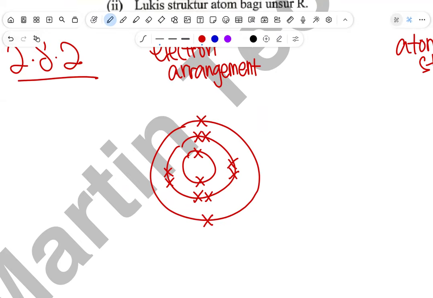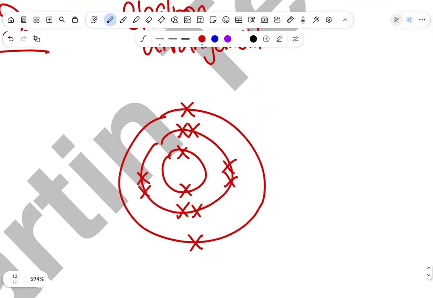And when you draw an electron arrangement, don't forget to draw a nucleus. Some schools tell you that the nucleus needs shading. No, don't ever do that. The nucleus never needs any shading. Just draw a circle without any electron, and that is a nucleus.